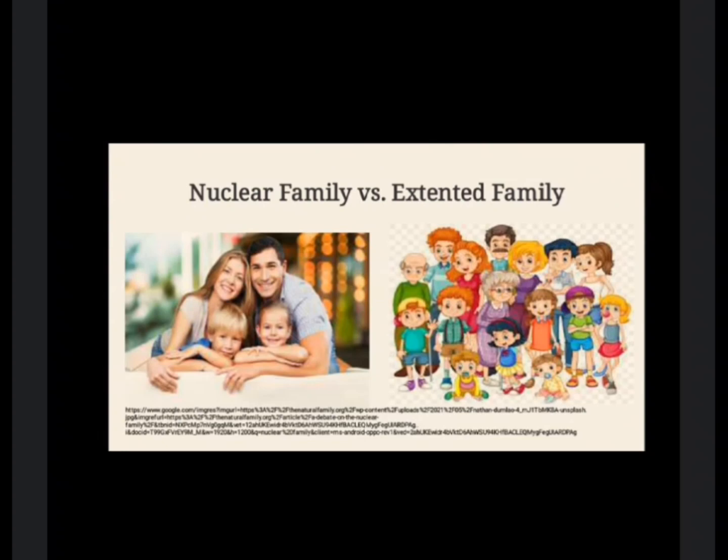If you can see in the picture on the screen, it is a nuclear family versus an extended family. You can see that the nuclear family is smaller, while the extended family has more family members.